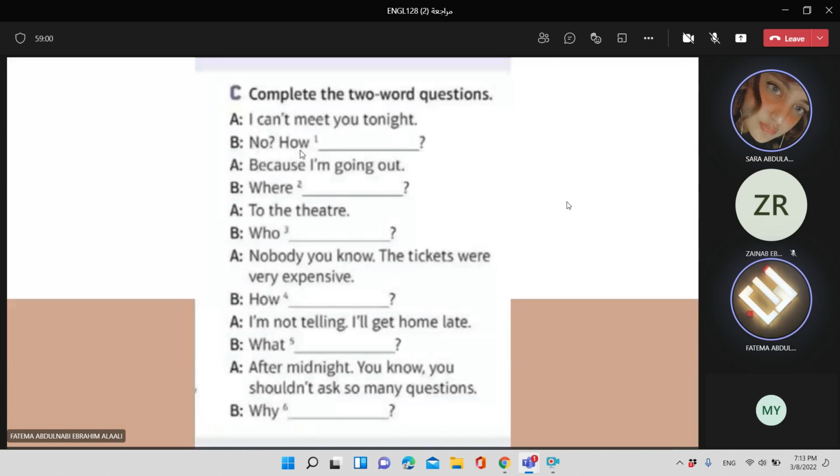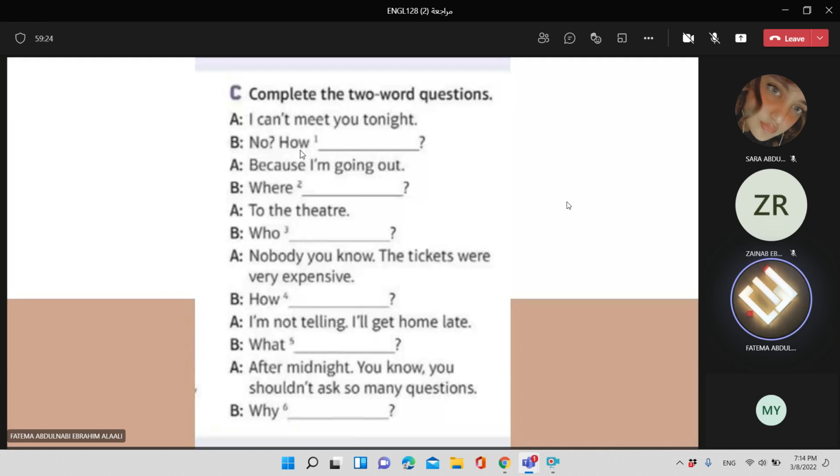Okay, it's acceptable, because we are making the sentence into a question. Okay. So because I'm going out, number B: where will you go? Where will you go, to the theater.